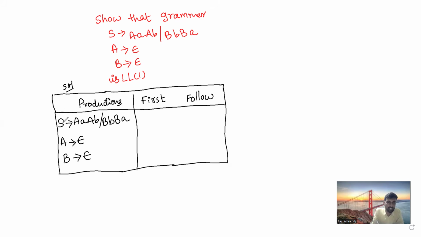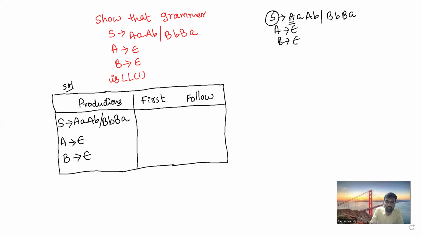So here the given productions are S → AAAB | BBBA, A → ε, B → ε. Now we are finding first of S. First of S: after the arrow we have the value capital A. So we never write capital values in the first.